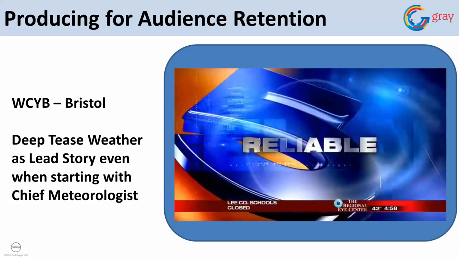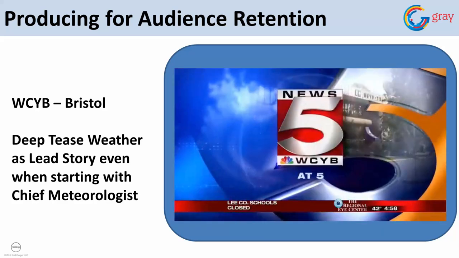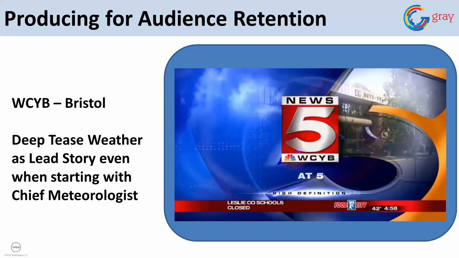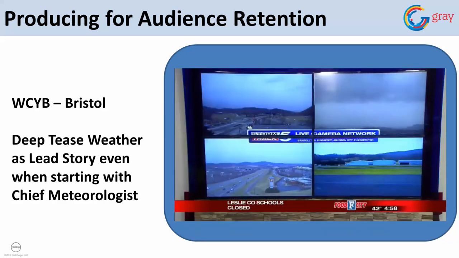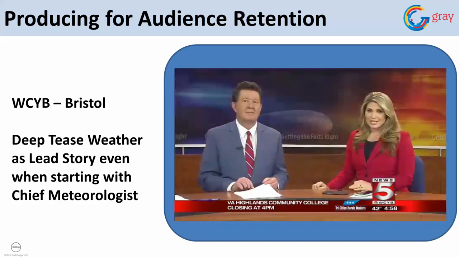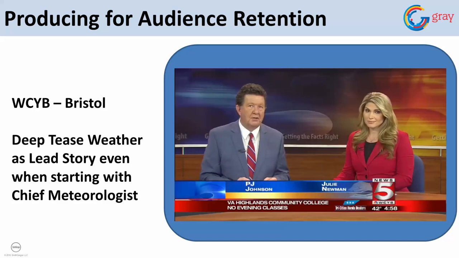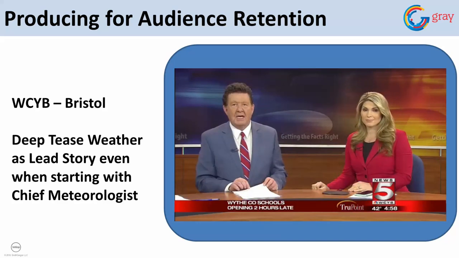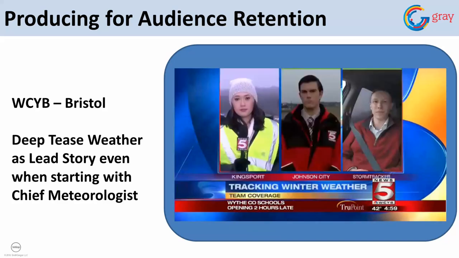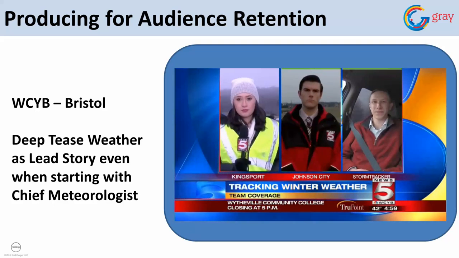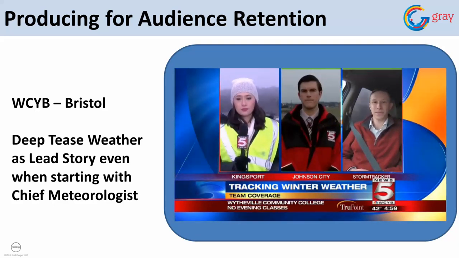Accurate, reliable, getting the facts right. News 5 in high definition starts right now. We're tracking winter weather across our region. Right now, you're looking live at our cameras in Johnson City, Kingsport, Bristol, and Elizabethton as we continue to bring you the very latest on the conditions. Thanks for joining us for News 5. I'm Julie Newman. I'm PJ Johnson. We're going to bring you team coverage on this winter weather event. News 5's Jessica Griffith is in Kingsport. She's going to bring us the latest weather conditions from there. Also, News 5's John Engel is live in Johnson City overlooking the interstate.